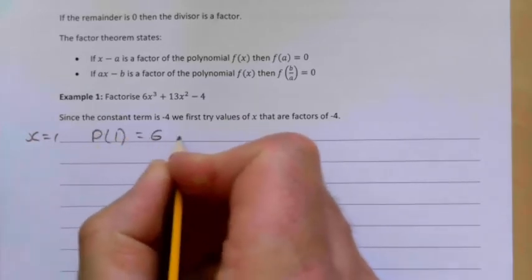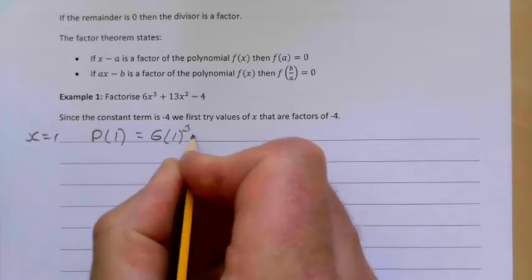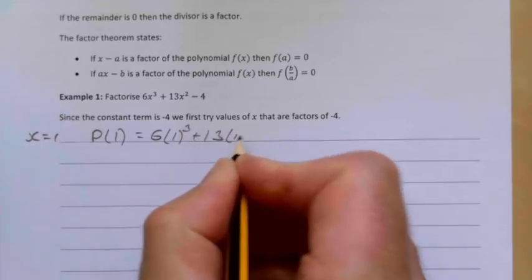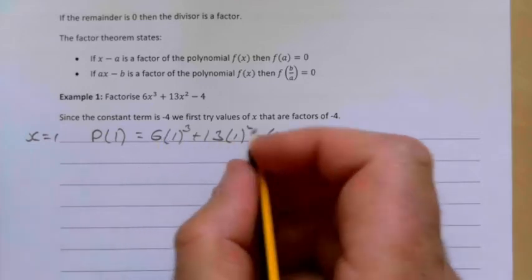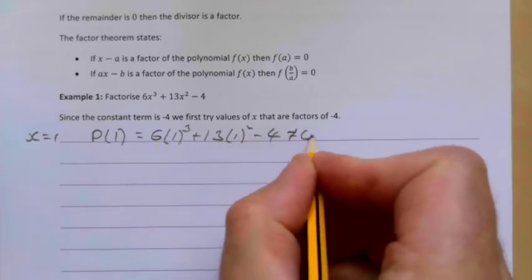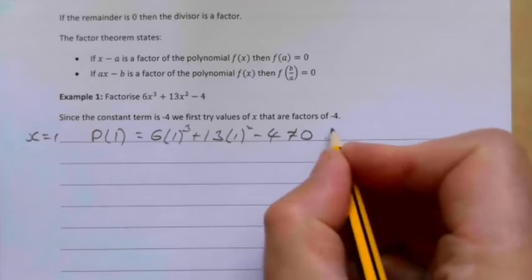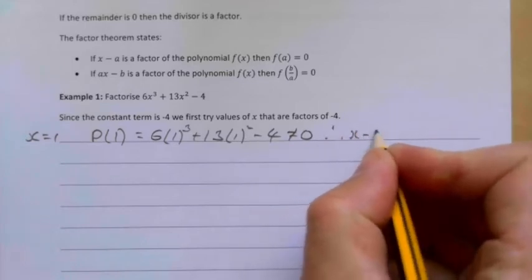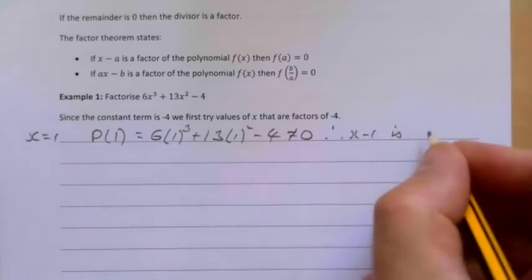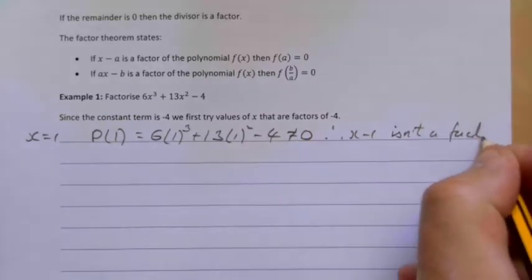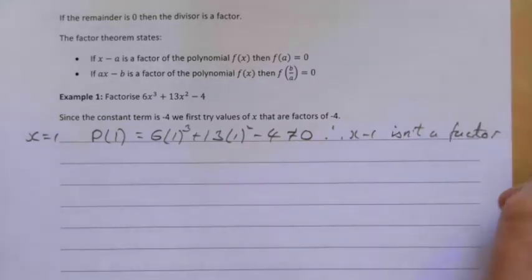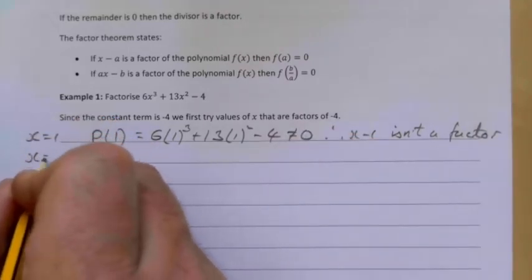So it's 6 upon 1 cubed plus 13 upon 1 squared minus 4. That'll give me 6 plus 13, take away 4. Don't know what it is, but it's not 0. That means that x minus 1 isn't a factor. Let's try minus 1.